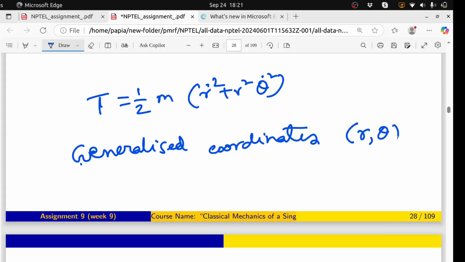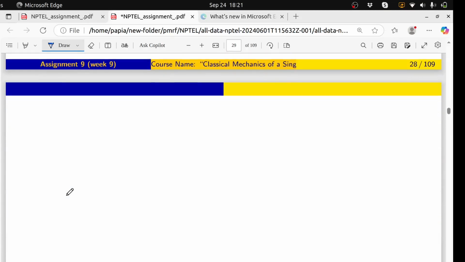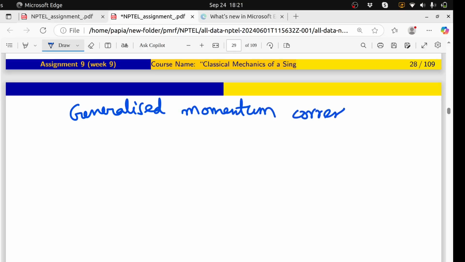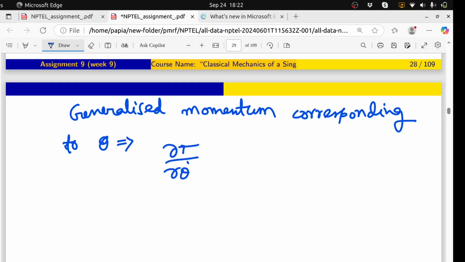R and theta. So the generalized momentum corresponding to theta is del T del theta dot, which can be written as p theta.